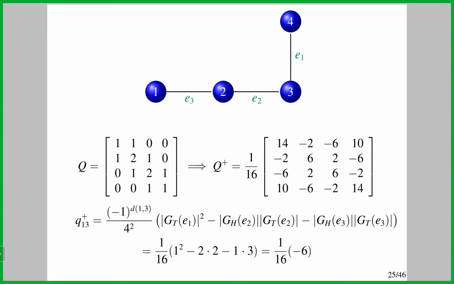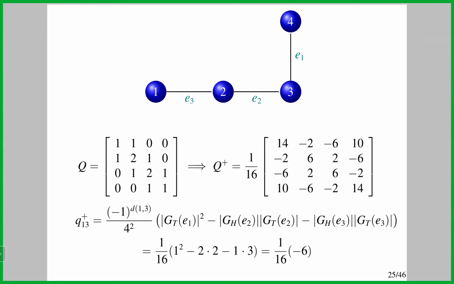Okay. Now look at all the edges. First, look at edge 1. If you delete edge 1, then you look at the tail component. I'm calling it the tail component.